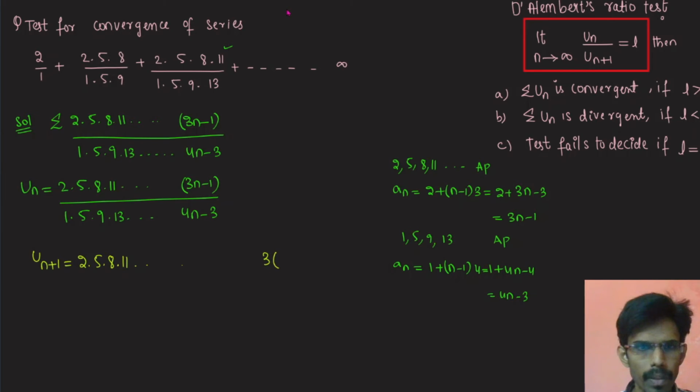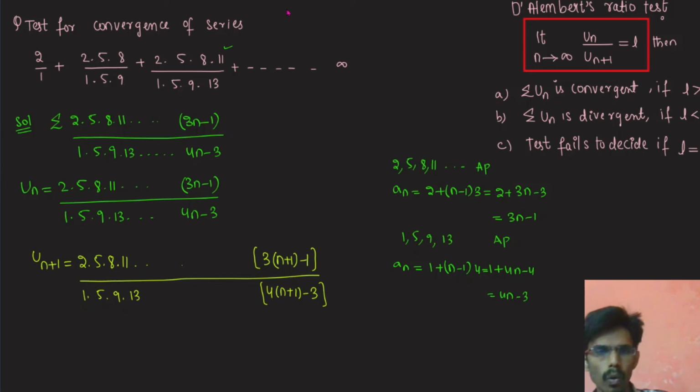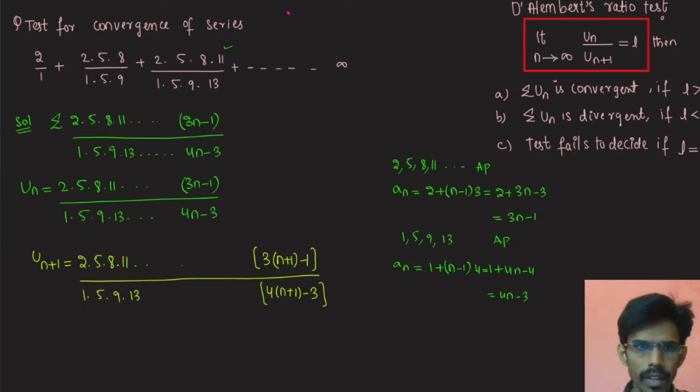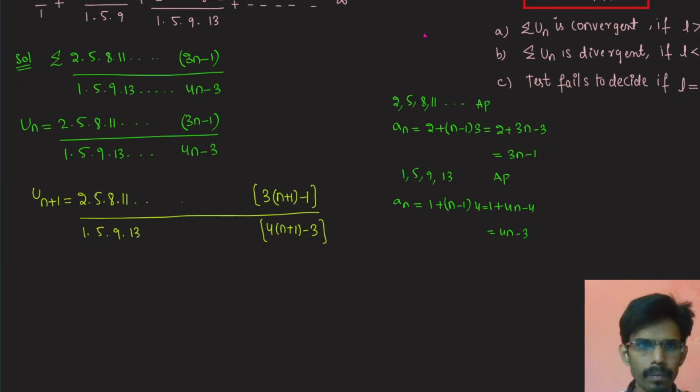Next put n plus 1 in place of n. We have 3 into n plus 1 minus 1. In the denominator we have 1, 5, 9, 13, 4 into n plus 1 minus 3.